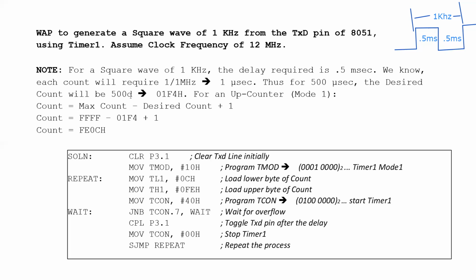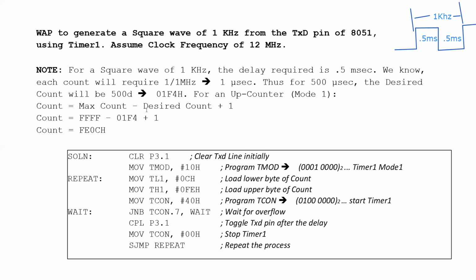This is in decimal, so you need to convert to hex, or else you can take the maximum count in decimal itself, that is 65,536. You can take that count and subtract 500 from it, and then the final value is converted to hexadecimal. Or you can convert the number of counts to hex first, and then subtract it from FFFF.